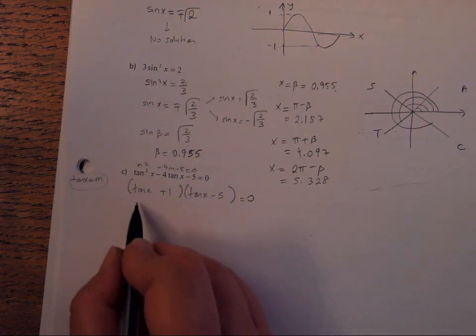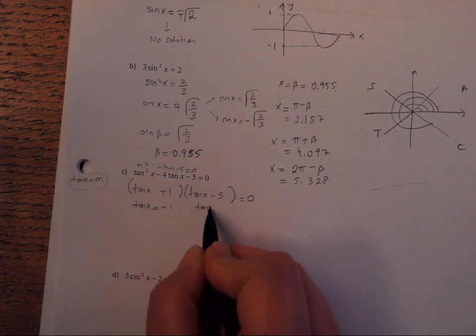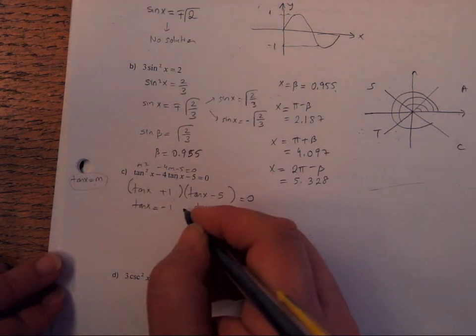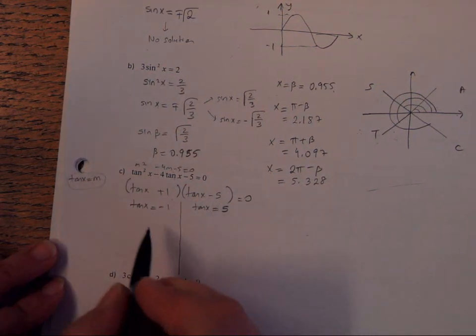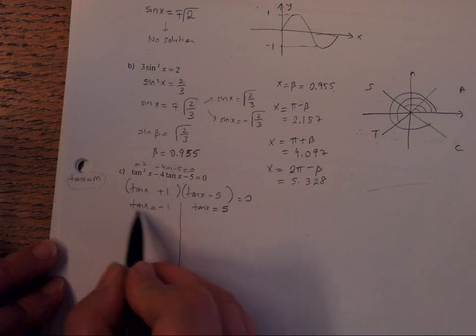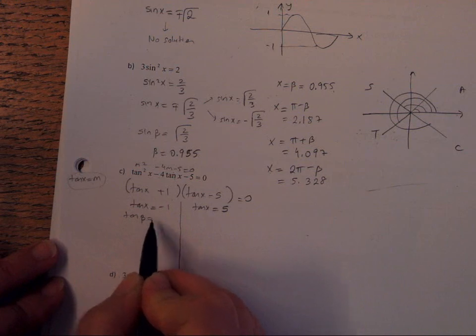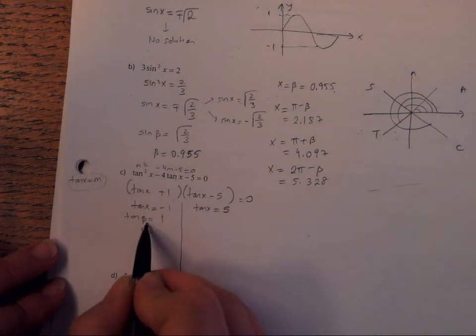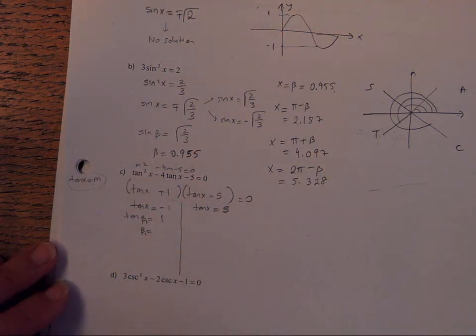Okay, so what do we get here? Tangent x equals negative 1 and tangent x equals positive 5. Now we will have to solve these two separately. First get the beta for the first one. Tangent beta is going to be positive 1, and let's call it beta 1 because we're going to have another beta.